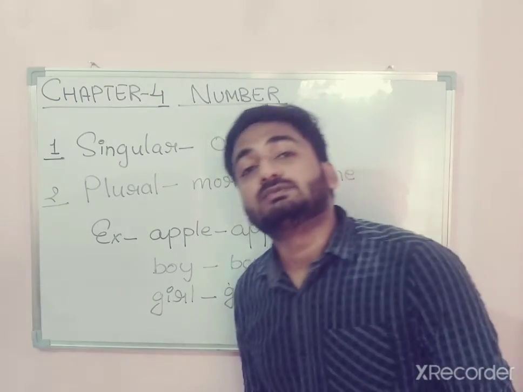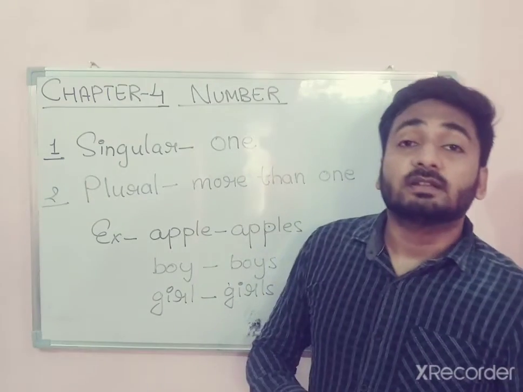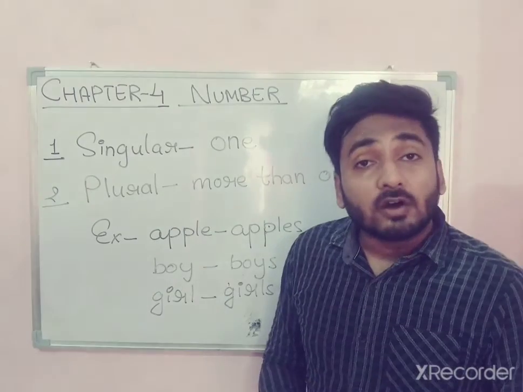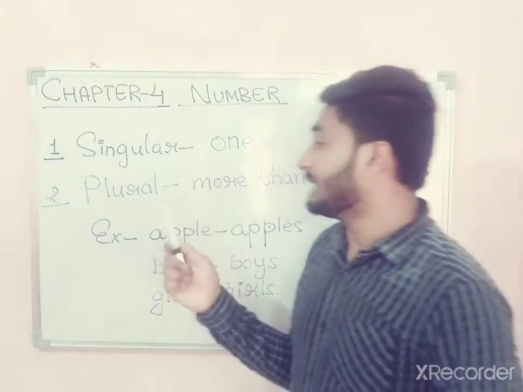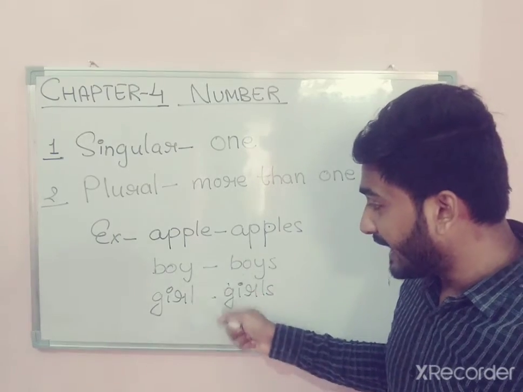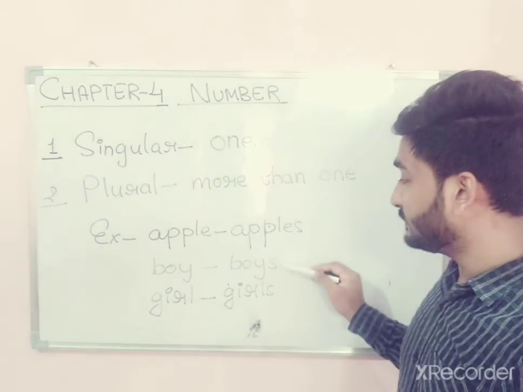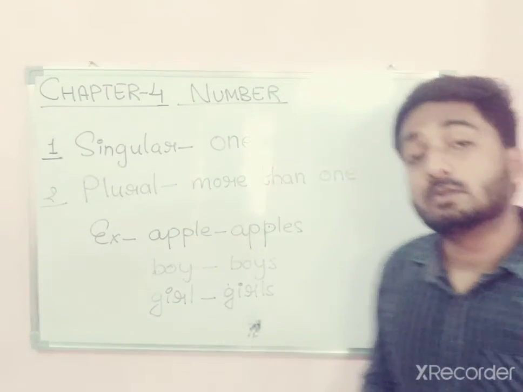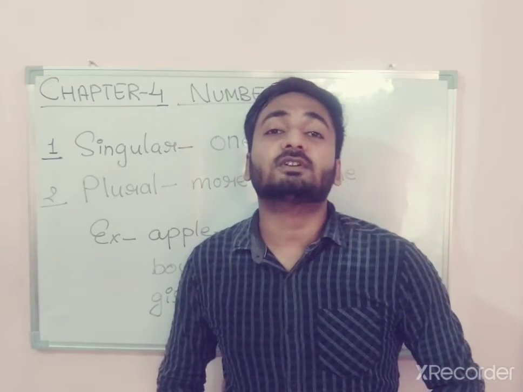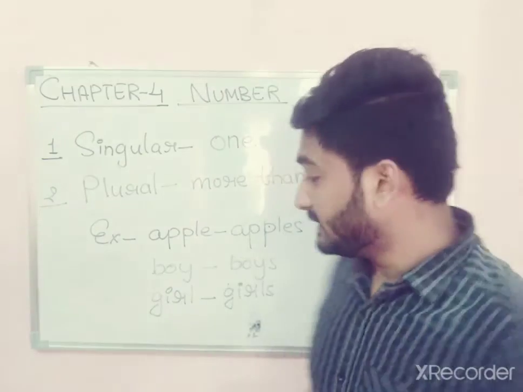Balloon, balloons, man, men, woman, women, and box, boxes, like that. So these are singular nouns, apple, boy and girl, and these are plural nouns, apples, boys and girls. There are some rules which we have to follow when we are changing a singular noun into the plural one.